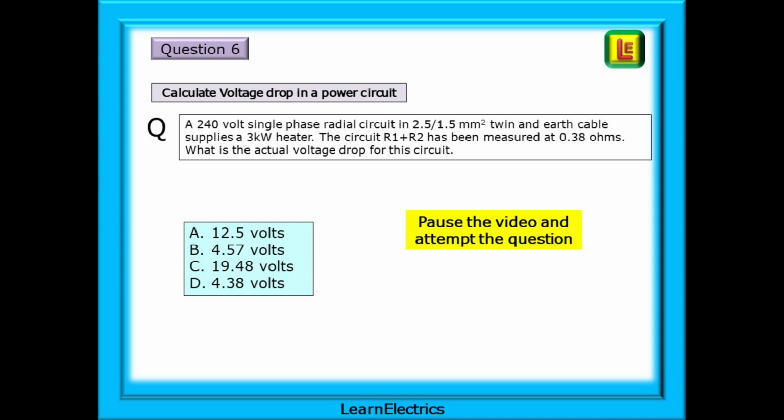The circuit R1 plus R2 has been measured at 0.38 ohms. What is the actual voltage drop for this circuit? We need to make some other calculations before we can make a voltage drop calculation. If you wish, pause the video and attempt the question before looking at our method on the following slides.